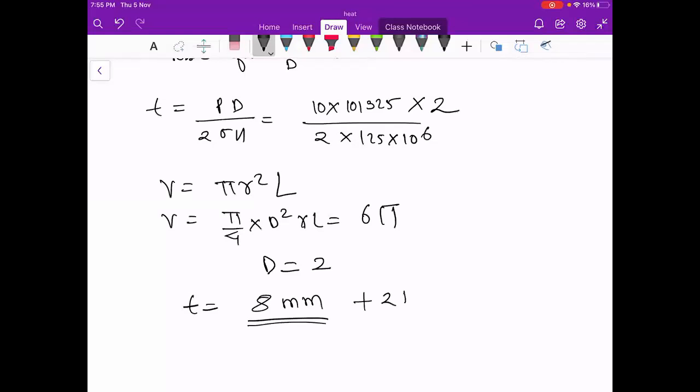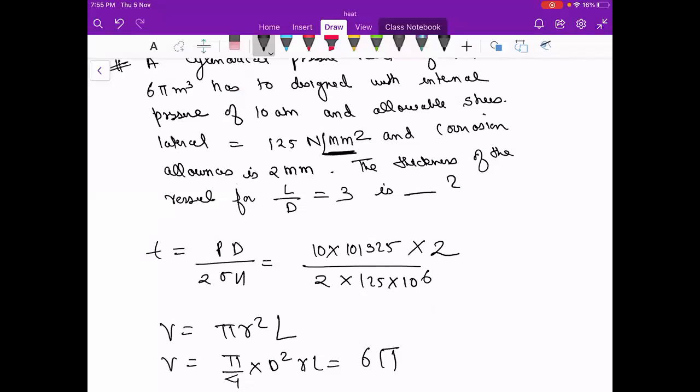Plus 2 mm corrosion allowance is given. So total will be 10 mm.